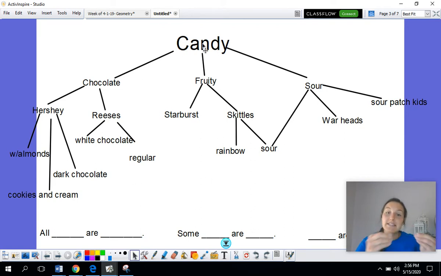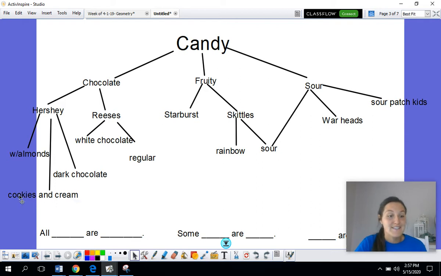But what else a hierarchy does is let you describe things in the hierarchy using statements like always, sometimes, or never. So if you look down here on my screen, I have all blank are blank. When you look at a hierarchy, those items that are more towards the bottom fit into every other category that it's connected to up to the top.